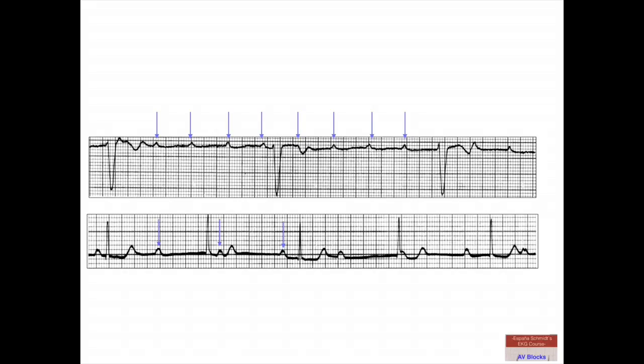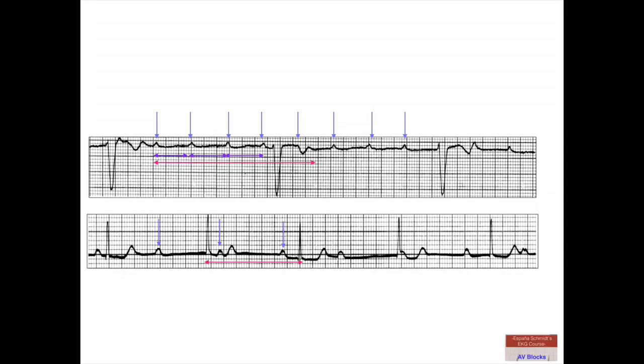As we are able to see, there are many P's that are not conducting a QRS, although one may think that there is some sort of conduction. We can see that the RR intervals are very different from the PP intervals and have no mathematical correlation.